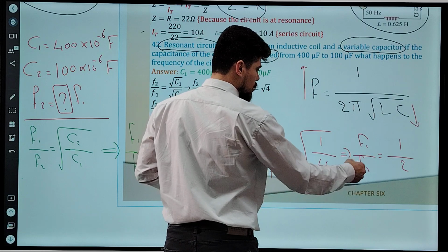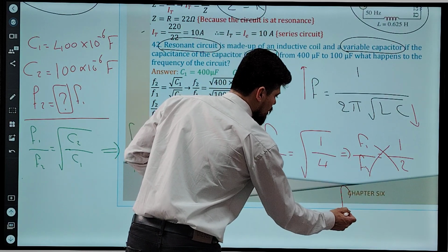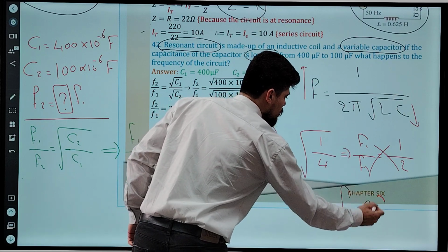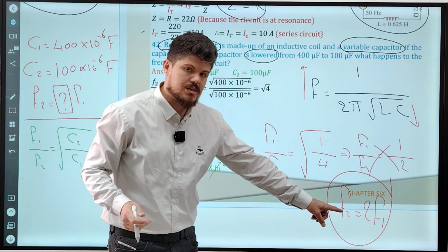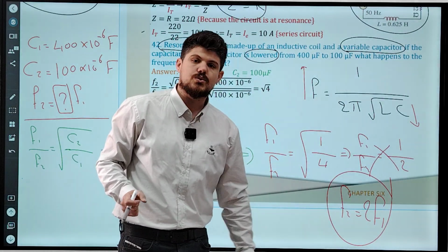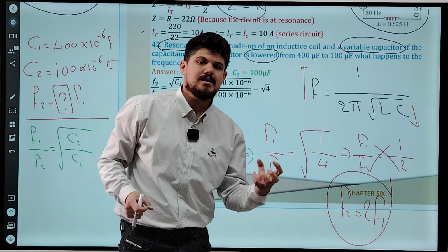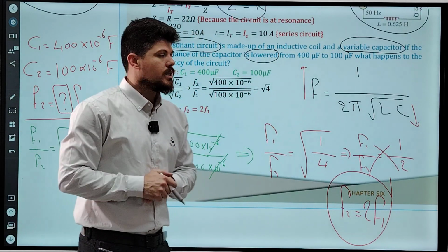Cross multiply. 1 times F2, F2, equals 2 times F1, 2F1. It means that the frequency the second time is bigger than the frequency the first time by a factor of 2. Why? Because the capacitance is lowered. That is why the frequency should be increased.